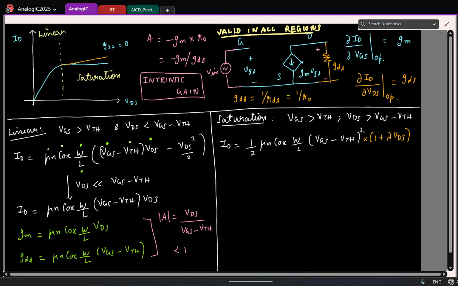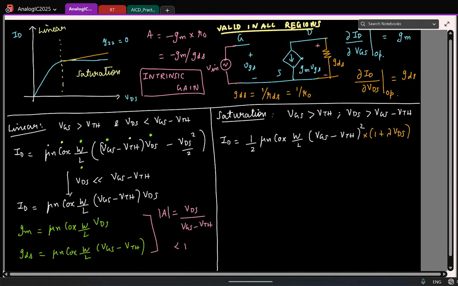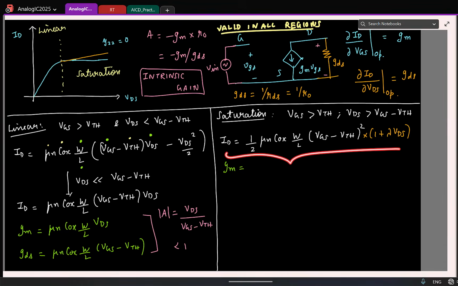So let's repeat the same for saturation. Again, I'll first start with GM. For GM, I have to differentiate this equation with respect to VGS. So I do this, which means I'll have UNCOX W by L times VGS minus VTH times 1 plus lambda VDS also.